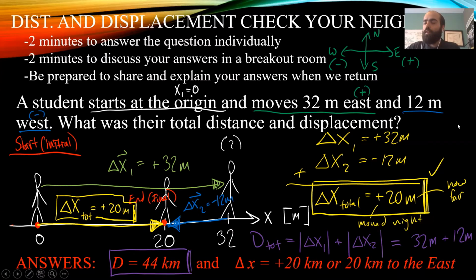And so if we are comfortable with this, we're basically just noticing that we can read the statements to find our displacements, right? 32 meters east meant that my first displacement was positive 32 meters. 12 meters west meant that my second displacement was negative 12 meters.